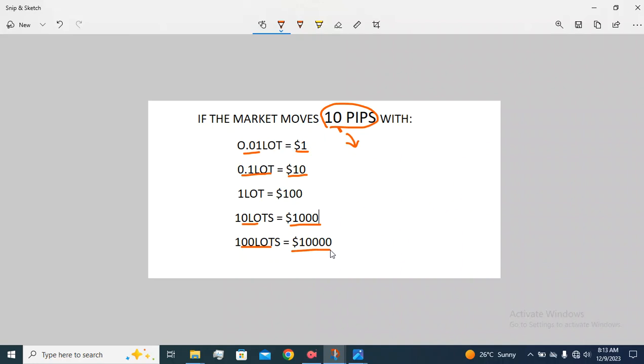When you convert that $10,000 into my local currency, Kenya shillings, right now that's 1.5 million in a single move.